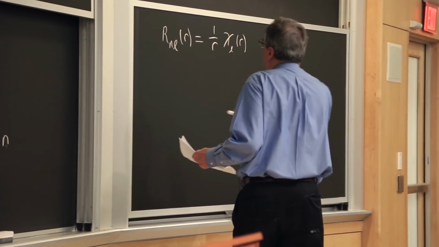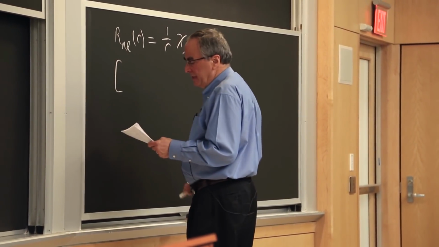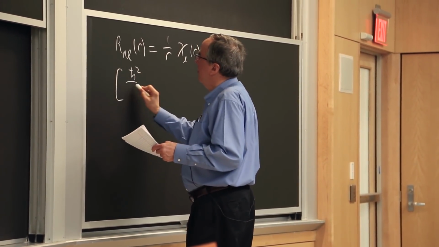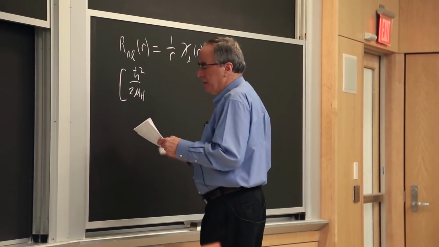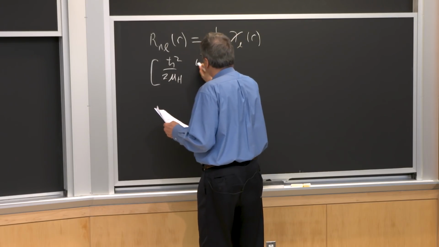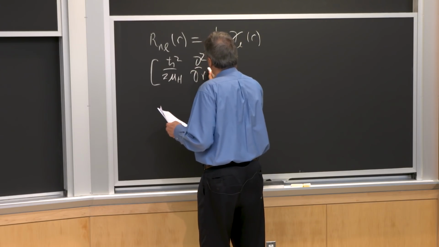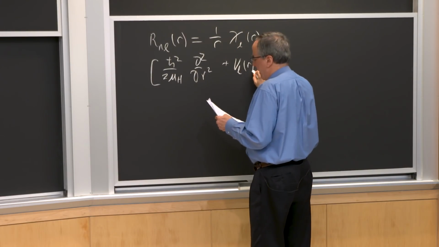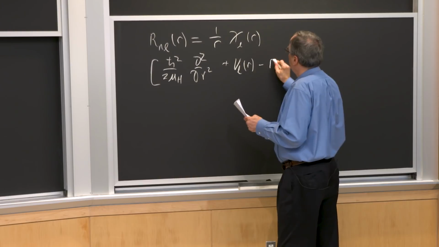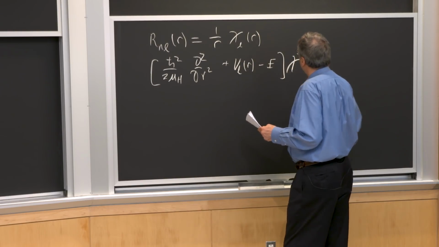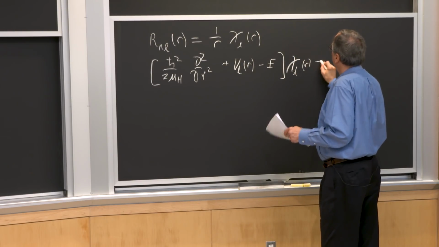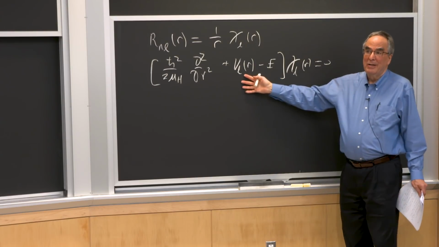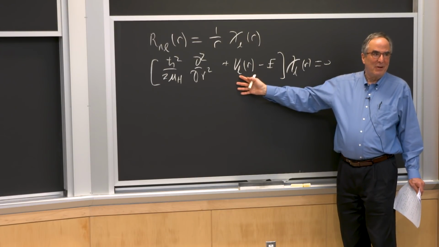What we get when we make that substitution is minus h bar squared over 2 mu times the second derivative with respect to r plus V_L of r minus E, chi_L of r is equal to 0. That looks like a differential equation we've seen before.